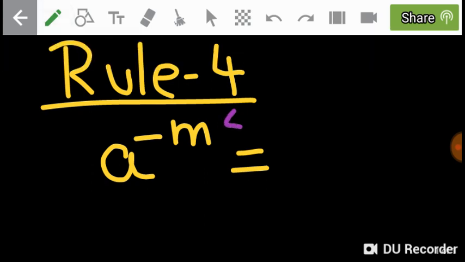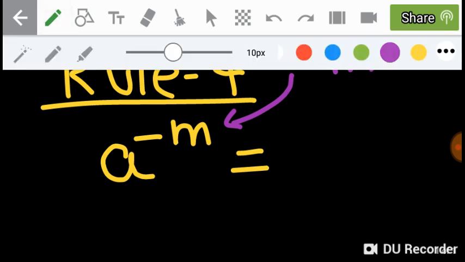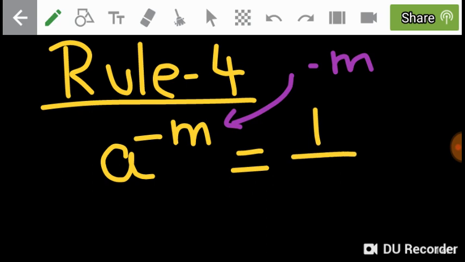If you observe the top part, you do see that negative m is actually a negative exponent. Now we always try to keep the answers in terms of positive exponent. So we convert that into a positive exponent by making its reciprocal, 1 by a, and as we do so, the exponent becomes a positive exponent.